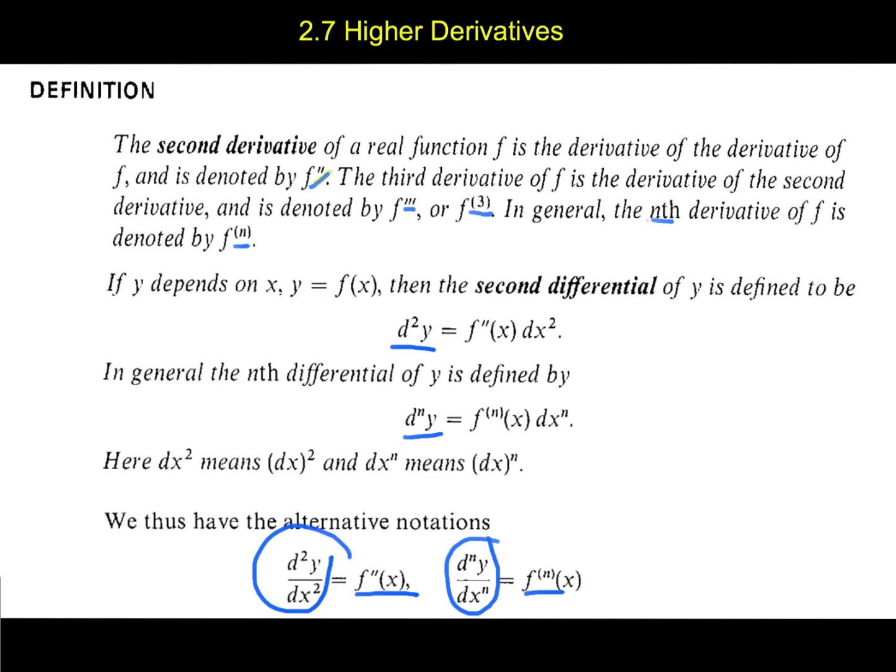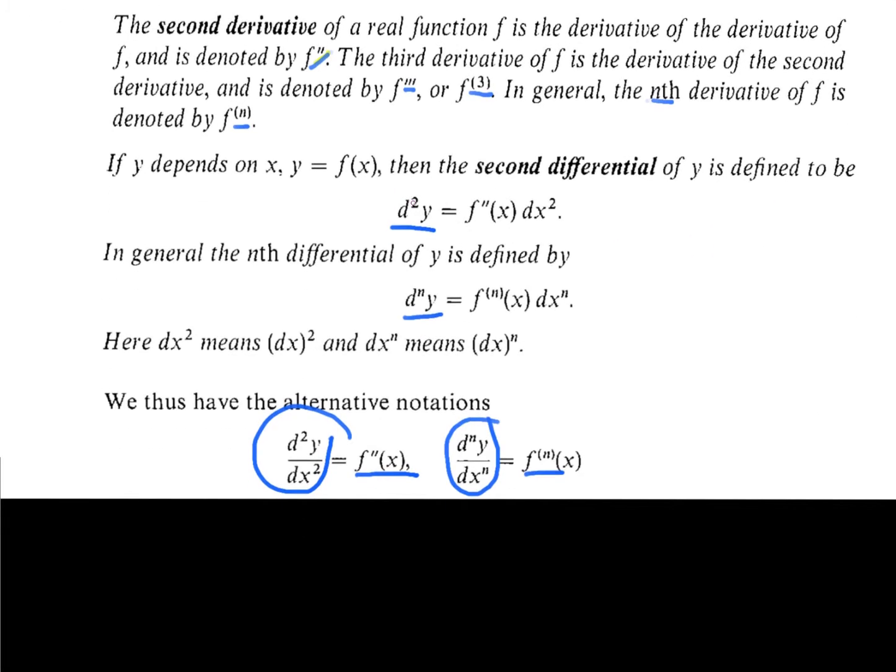So let's give some justification. It's not going to be a proof by any means, but a justification of this notation here. So let's just start with what would be the second differential of y. So y is equal to f of x.